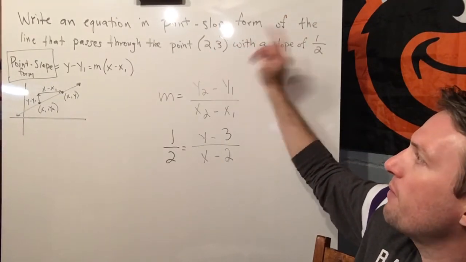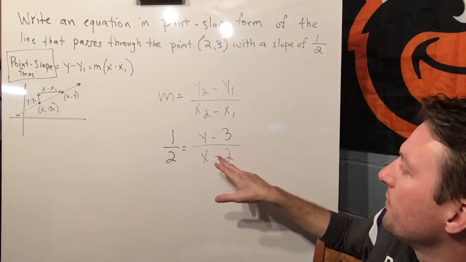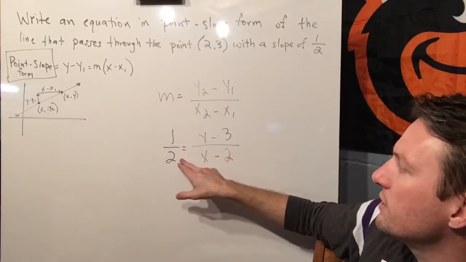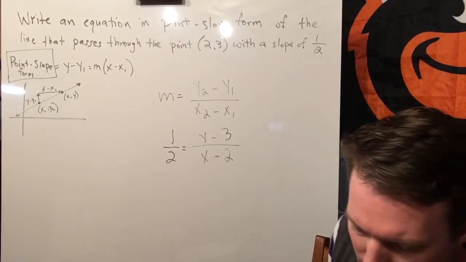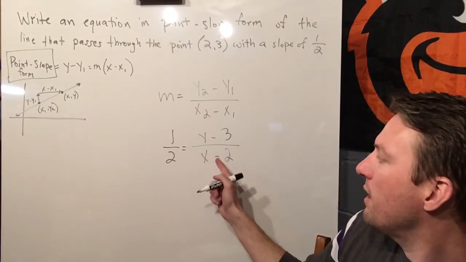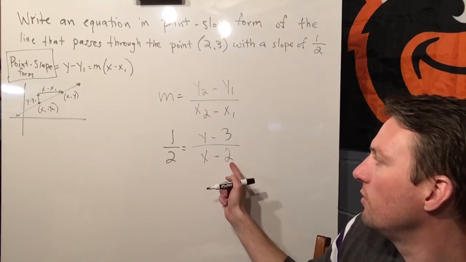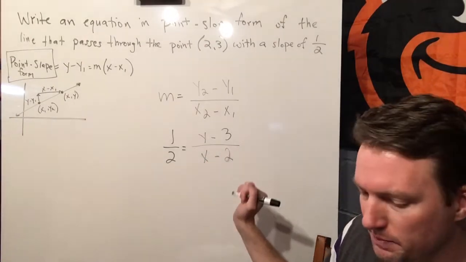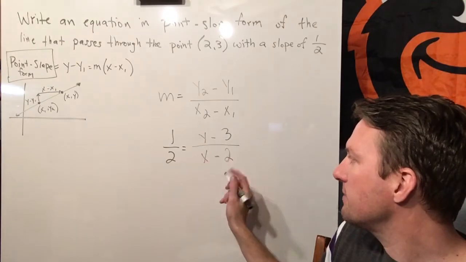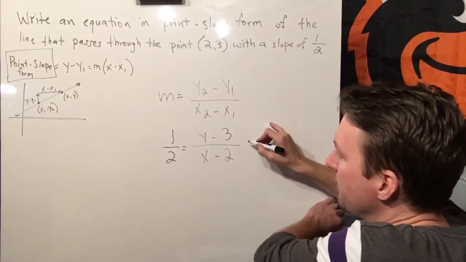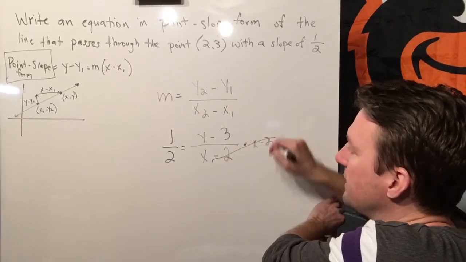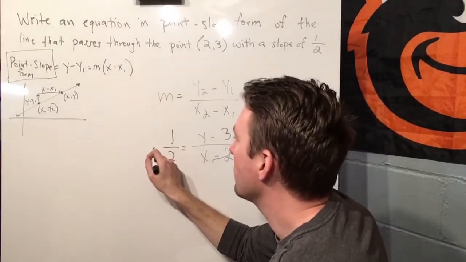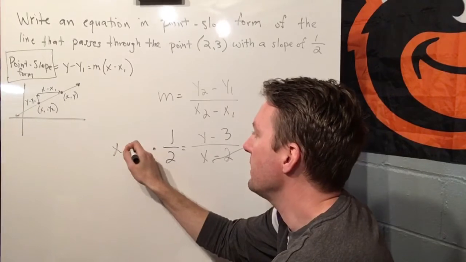The 2 and the 3 represent the point the line passes through. 1/2 is the slope. And what we're going to do is we're going to simplify this equation. When we have x minus 2, we're going to get rid of that by multiplying each side by x minus 2. So if we multiply this side times x minus 2, that takes care of this. And then on this side, we're going to multiply x minus 2.